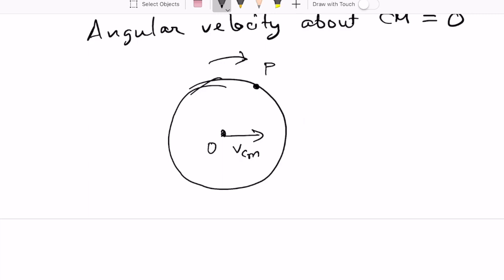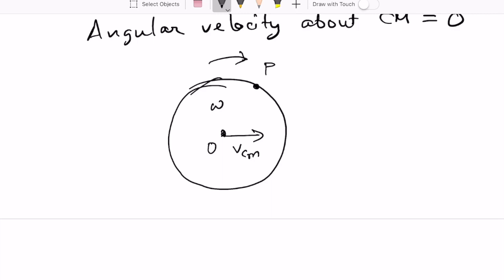I want to find the velocity of the point P relative to somebody on the ground, and the disk is spinning with some angular velocity omega, right? So how do we do this? What we can do is note that the point P has two different velocities.